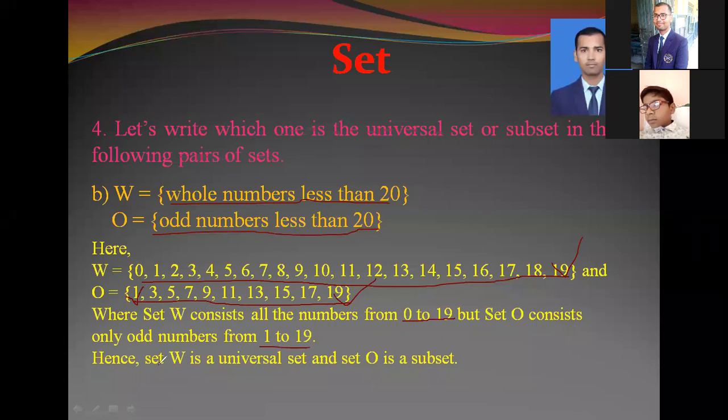That's why set W is a universal set, whereas set O is a subset, because set O is formed by taking some of the elements from set W, but W has a larger number of elements than set O. The set which consists of the elements of the other set is the universal set.